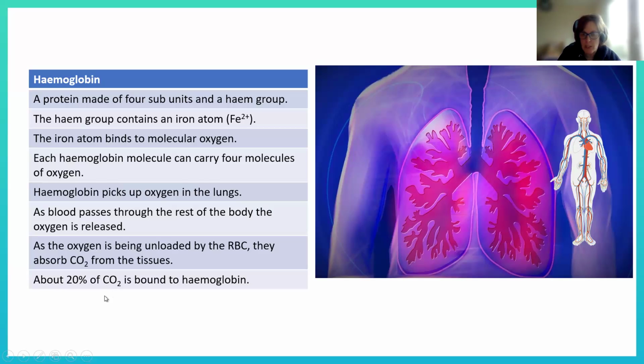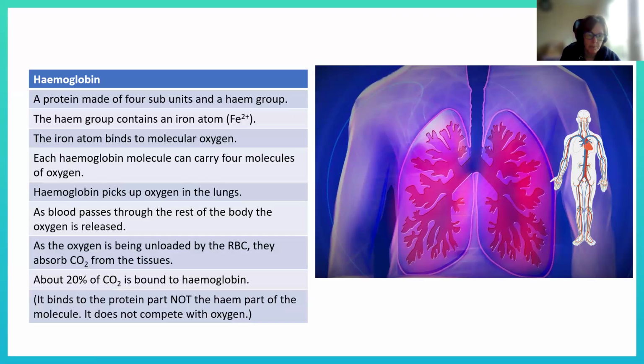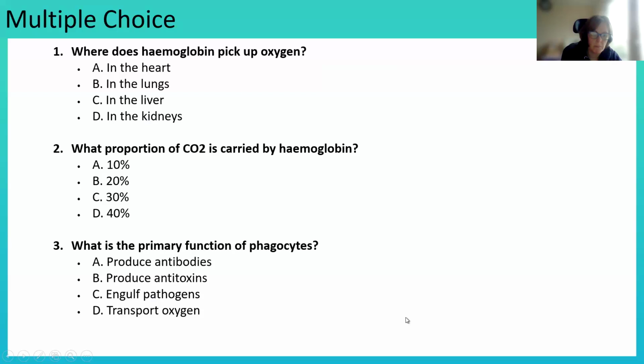That competes with the oxygen and will kill you, but the carbon dioxide doesn't compete. I mean, 20% does, I suppose, but doesn't massively compete with the oxygen. So we can still carry oxygen if there's CO2 around. What it does is bind to the protein bit. It doesn't bind to the actual heme bit, so it's not a problem with transport.